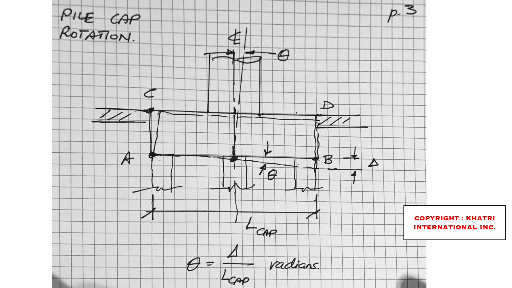This is a schematic diagram of the pile cap rotation, where we have the column coming in, there's a pile cap, and I've schematically shown here what happens when you have cap rotation, what happens when you have vertical deflection. These are the components that can and should be measured in a building.